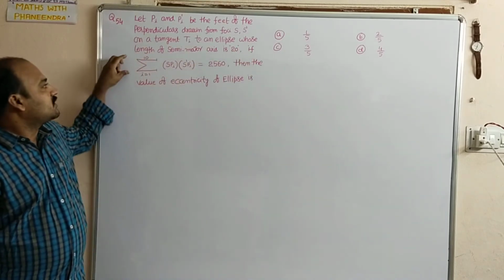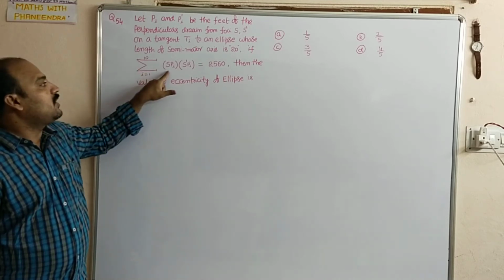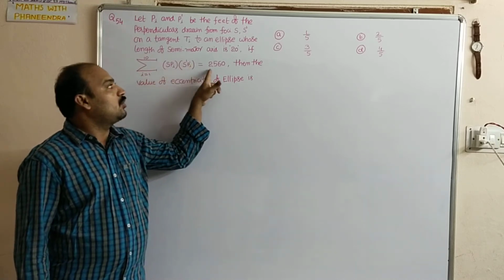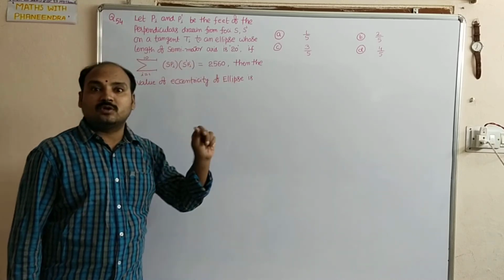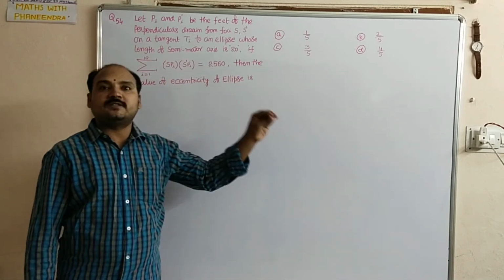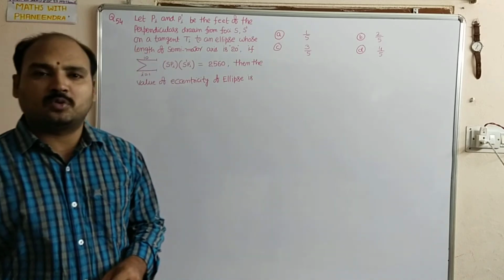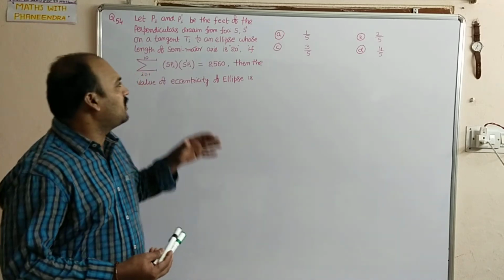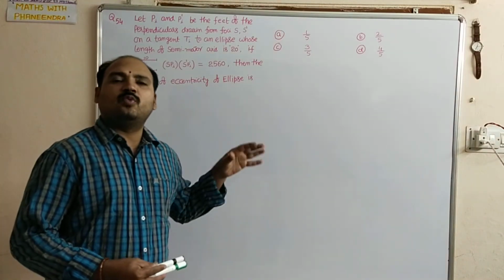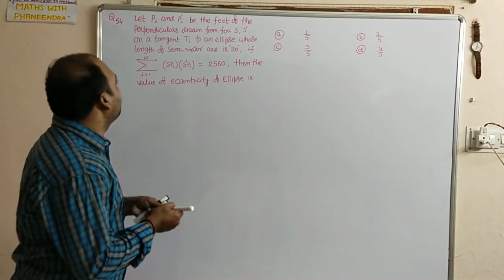If sigma i equal to 1 to 10, SPi into S dash Pi dash equal to 2560, then the value of eccentricity of the ellipse is. It's a very conceptual question. By seeing it looks difficult, but it is very easy. Draw the rough figure, you will get an idea.